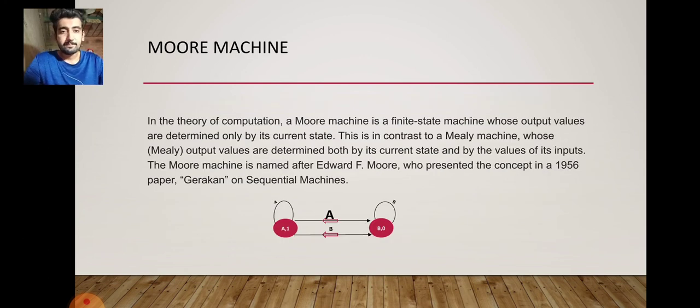Moore machine. In the theory of computation, a Moore machine is a finite-state machine whose output values are determined only by its current state.